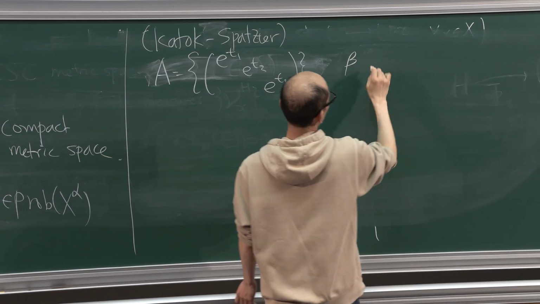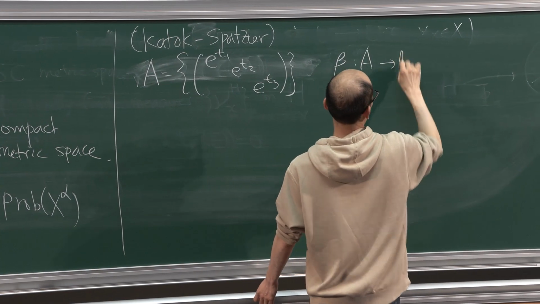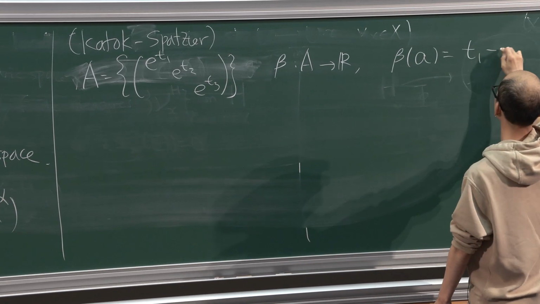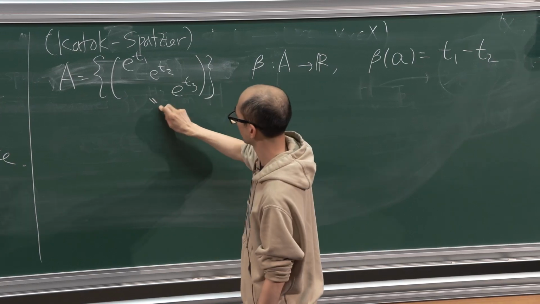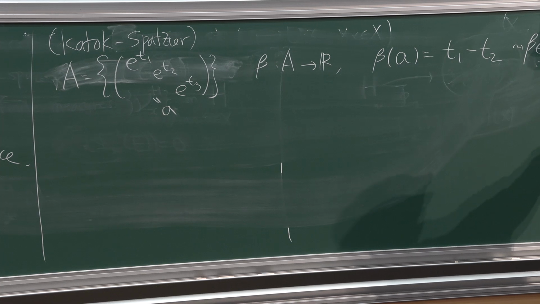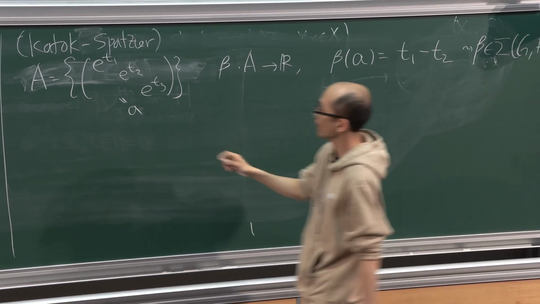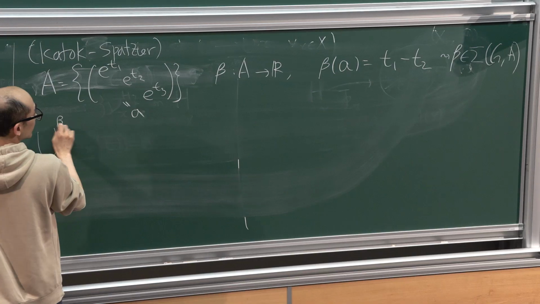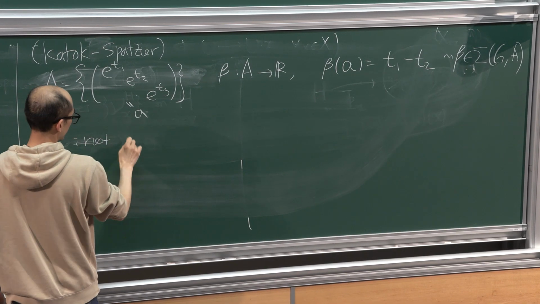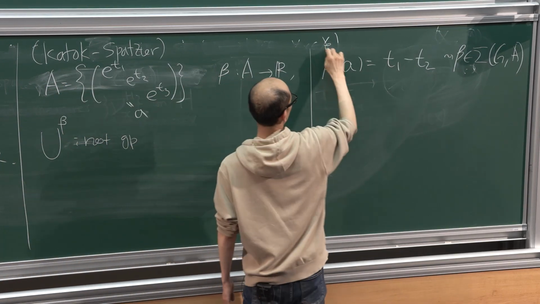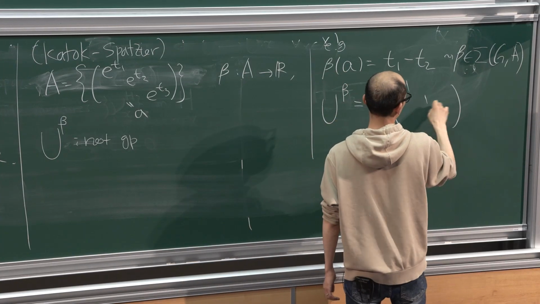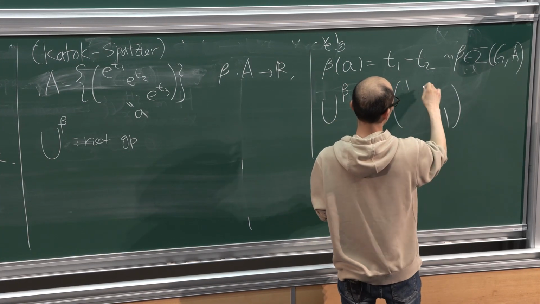And my beta is given by t1 minus t2, where this is A. So this is the root. And then now I want to think about U beta, which is the root group. So here is the example. U beta should be 1, 1, 1, 1, 2, so this is star.